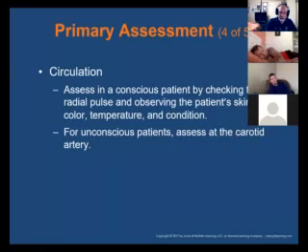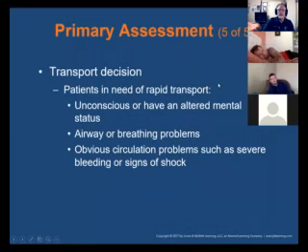So checking capillary refill in the fingers is always a good go-to. Push that nail bed down till it turns kind of a white color and let go. It should go pink again before you can say capillary refill. That's a very valuable tool in pediatric assessment for circulation and respiratory system. And for unconscious patients, we're going to get a carotid pulse.